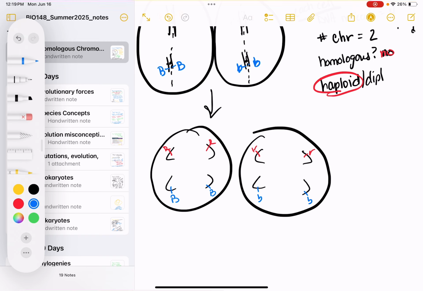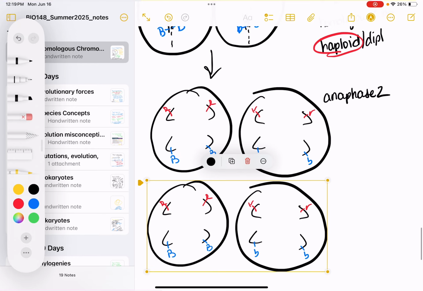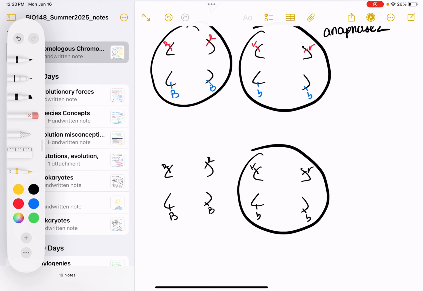This could be anaphase 2. If I'm in telophase 2, I'm going to be even further apart, and have the cell starting to really separate.